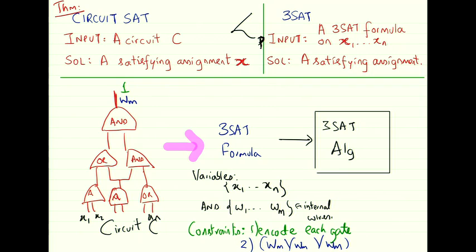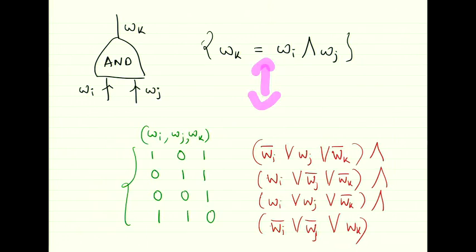Yes. The question was, how did we come up with this encoding of the gates? Basically, every clause precludes one assignment, and you have to preclude those 4 assignments.